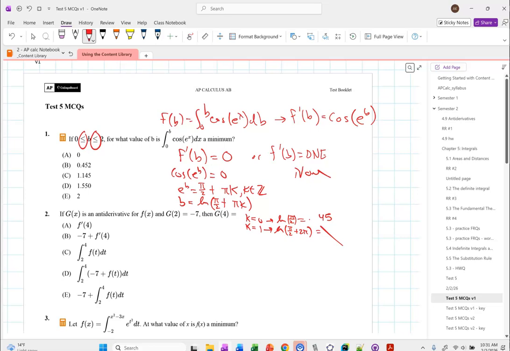Endpoints. So I'm going to need to do f of 0, f of 0.452, and then f of 2. How am I going to do that? I'm going to use the fnInt command on my calculator. I just take the one that is the smallest of the 3.